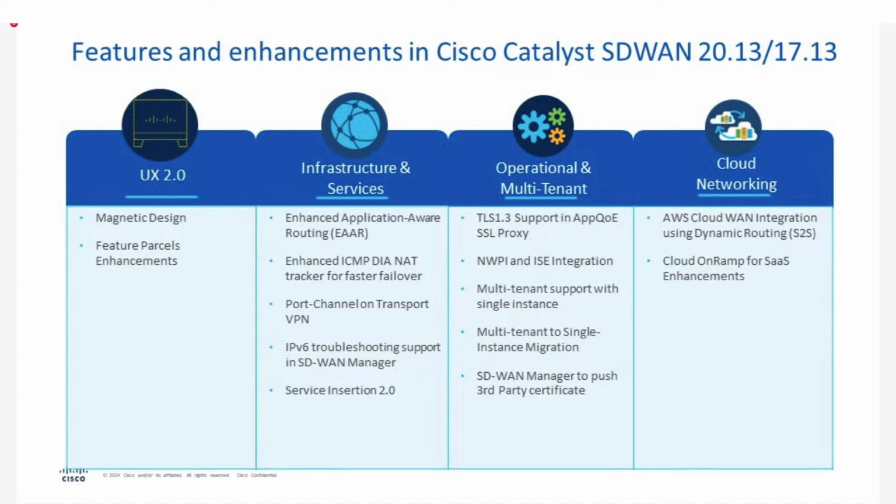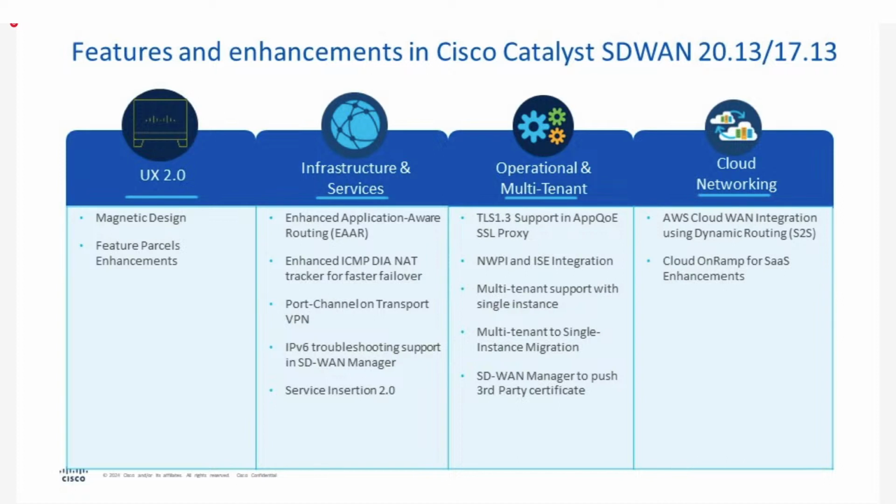Similarly, we have some enhancements under the infrastructure services, like enhanced application-aware routing, enhanced ICMP tracker, and enablement of port channel on the transport VPN. And we have IPv6 troubleshooting support in the manager now. And finally, we have the service insertion 2.2. On the operational side, we have the TLS 1.3 support now and the NWPI and ICE integration.